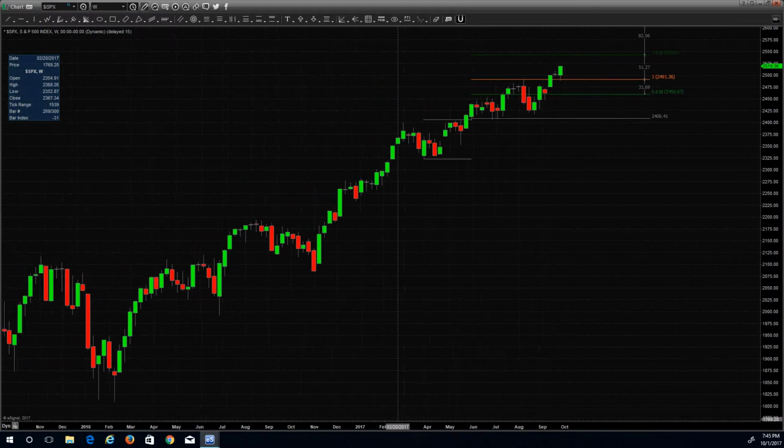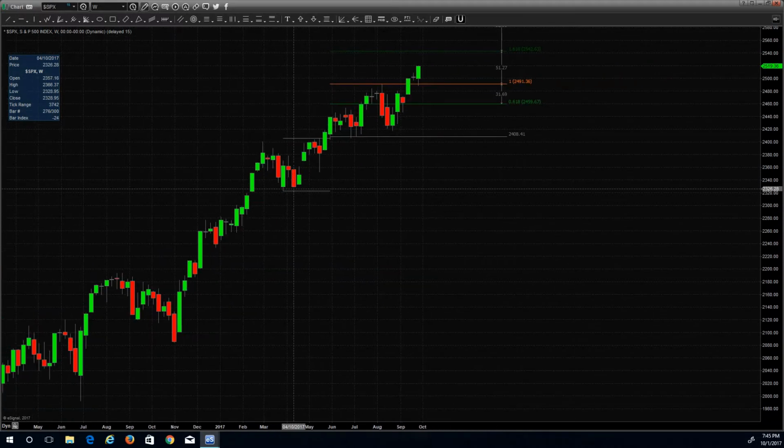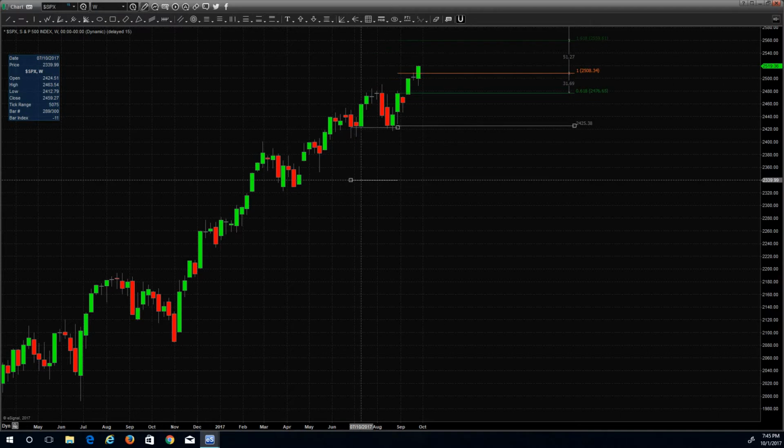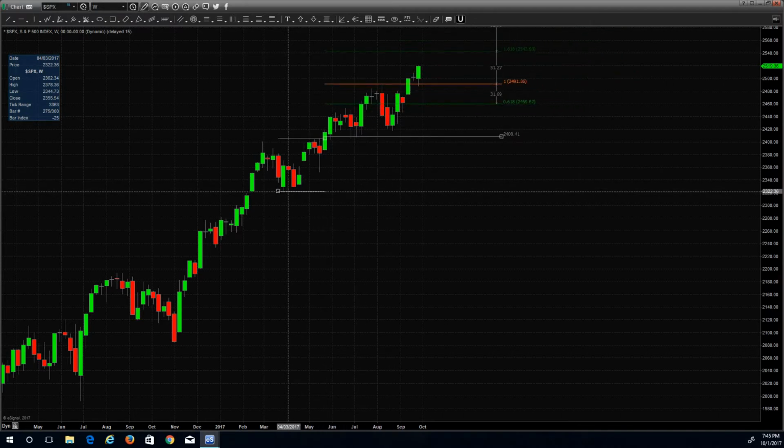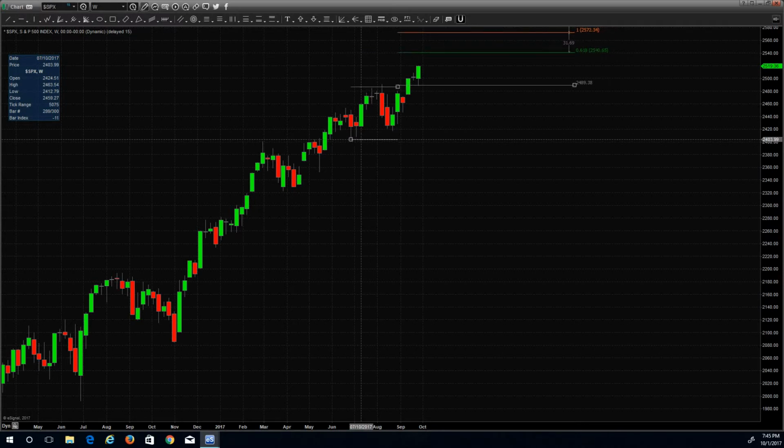And one more interesting thing I found about this level over here is how from this point to this point, this measured move is equal to this measured move. Let's see. It's over here. Yeah, it's very interesting how this measured move from this point to this point is almost identical to this measured move.